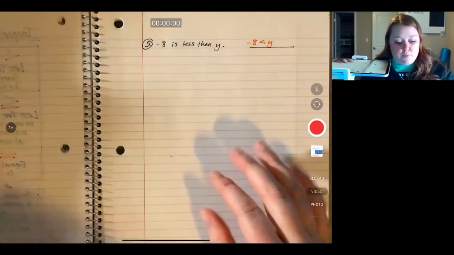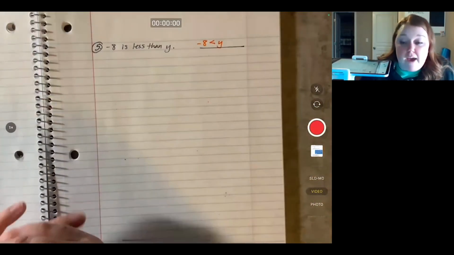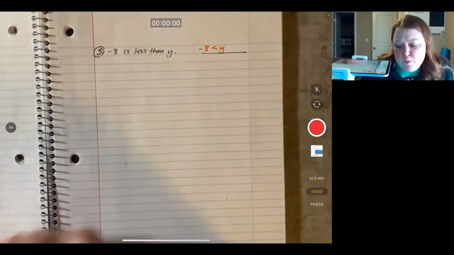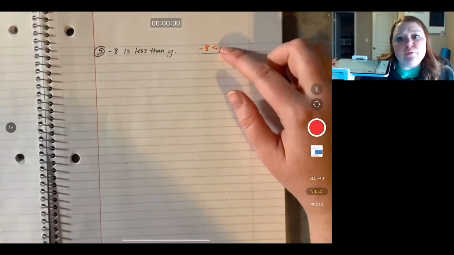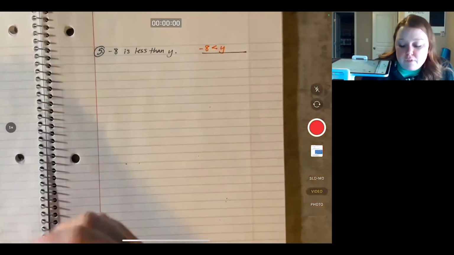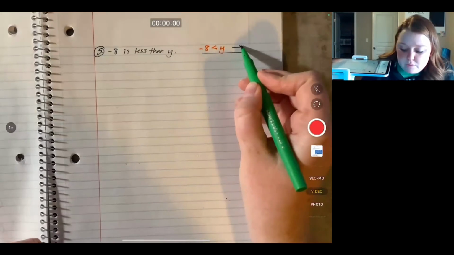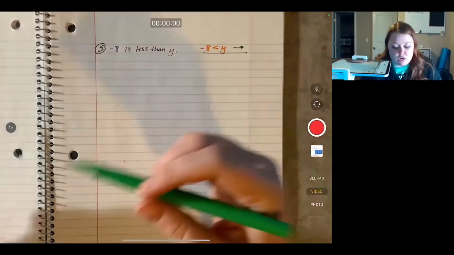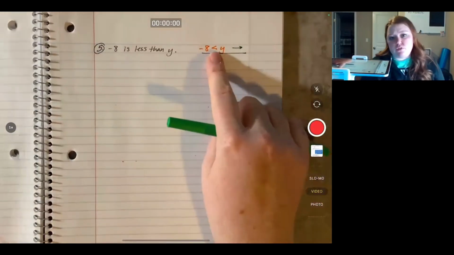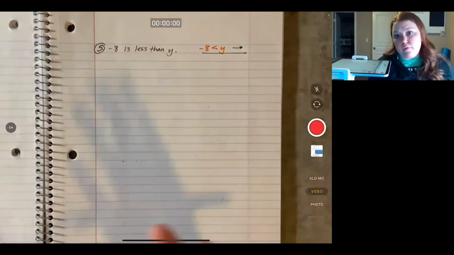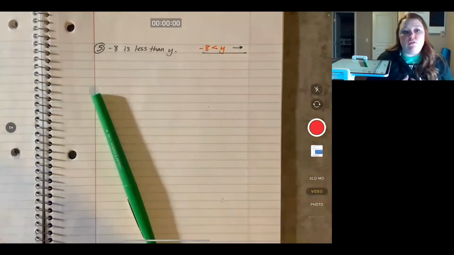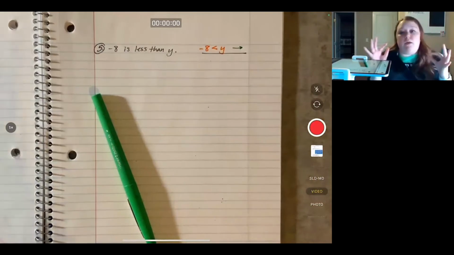But I did this one on purpose because in mathematics, when we get to a final answer in algebra, do we want our variable on the left? No, we always want the variable out front. So we are going to rearrange this. So I'm going to do a little transition arrow. We're going to rewrite it. And it's not that this is wrong, it's just the proper way is to have your variable on the left, okay? That should be familiar to you. So here's the trick. You've got to just think about this.